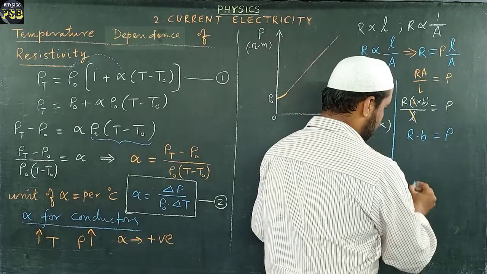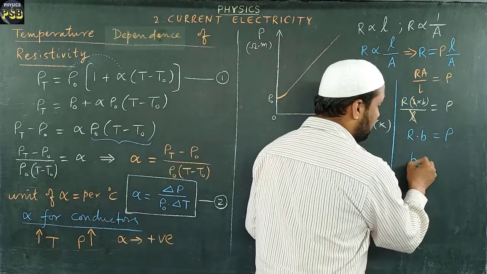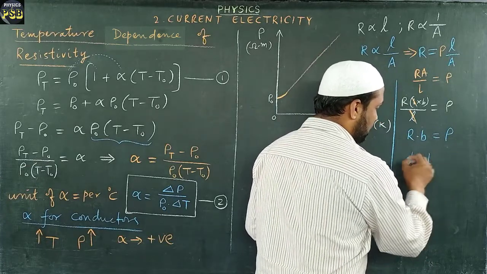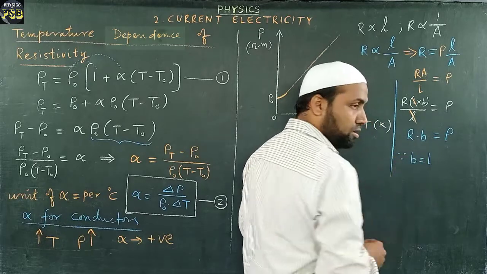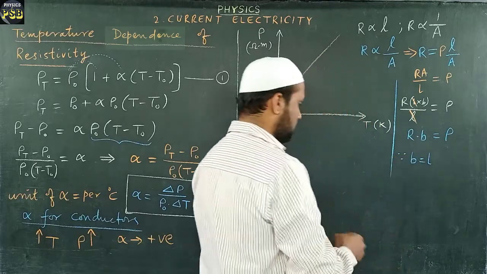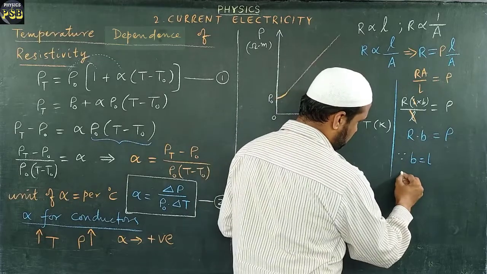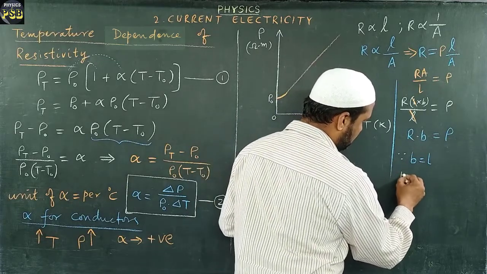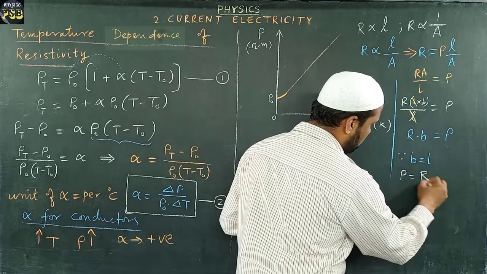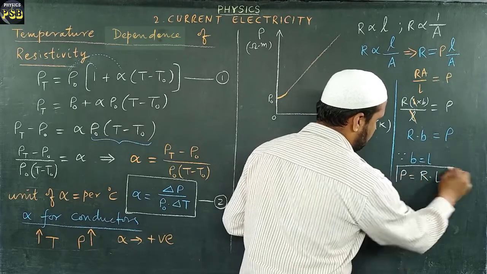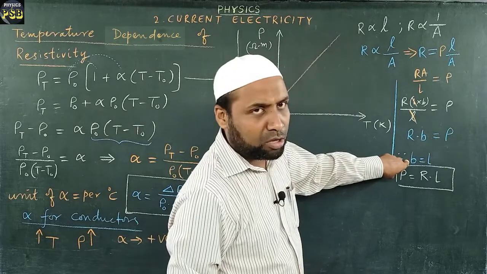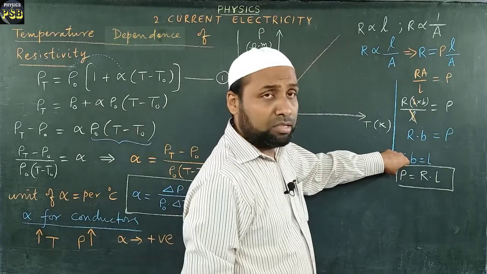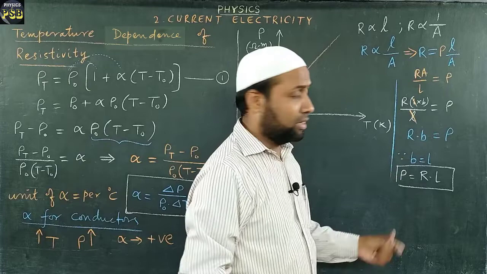Suppose here B is taken as L. Then you get the expression for rho as R into L. It means that the length of the conductor is equal to its breadth.